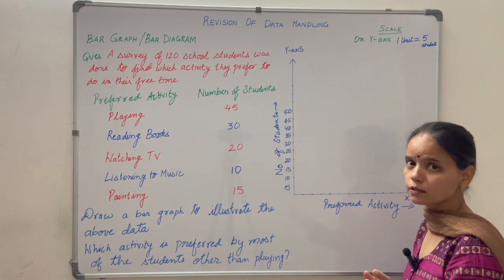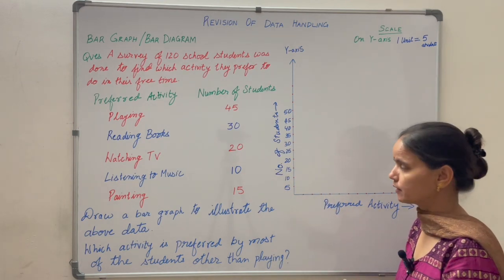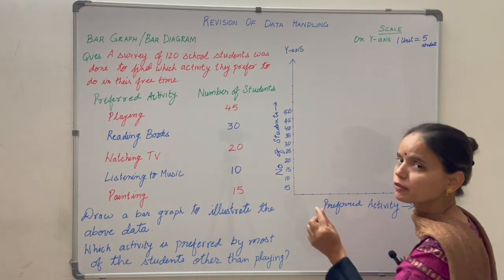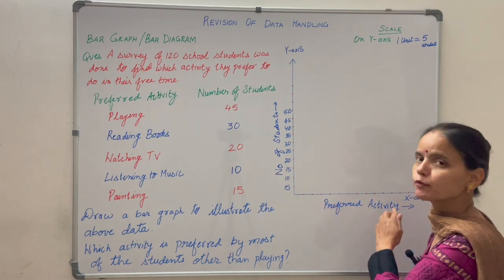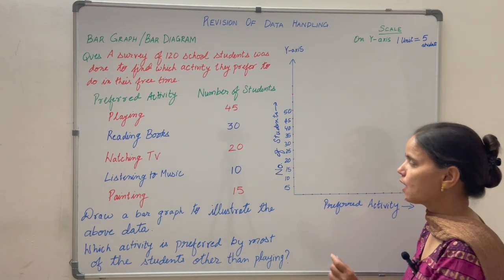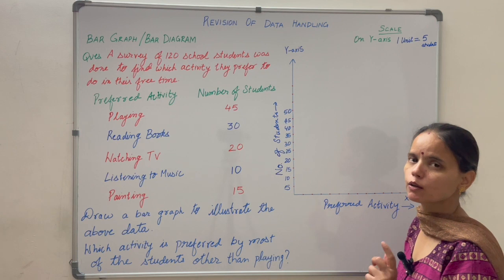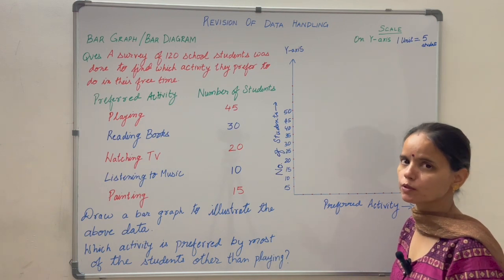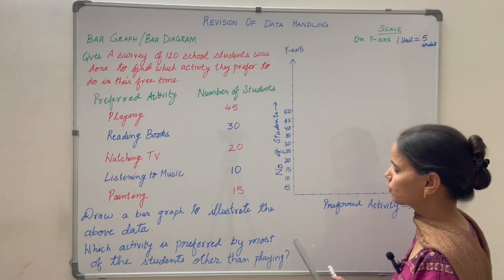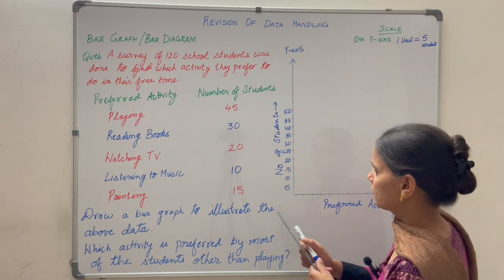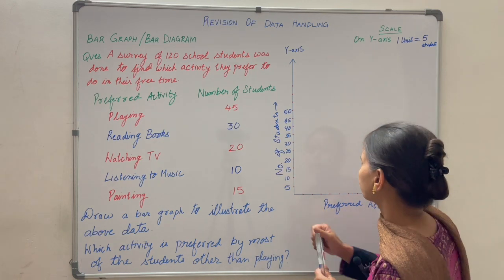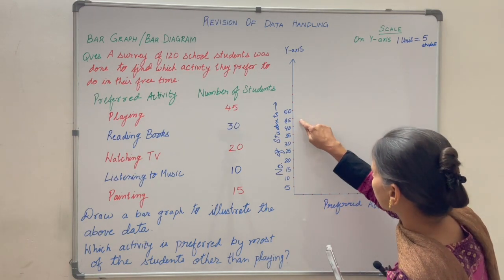The bars have to be of uniform width. If I take 1 unit to be the width of the bar, throughout I have to draw the bars of 1 unit. And the gap between each bar is also fixed. That also I am going to take as 1 unit. So let us mark it. So here playing is 45. Where is 45? 45 is here.